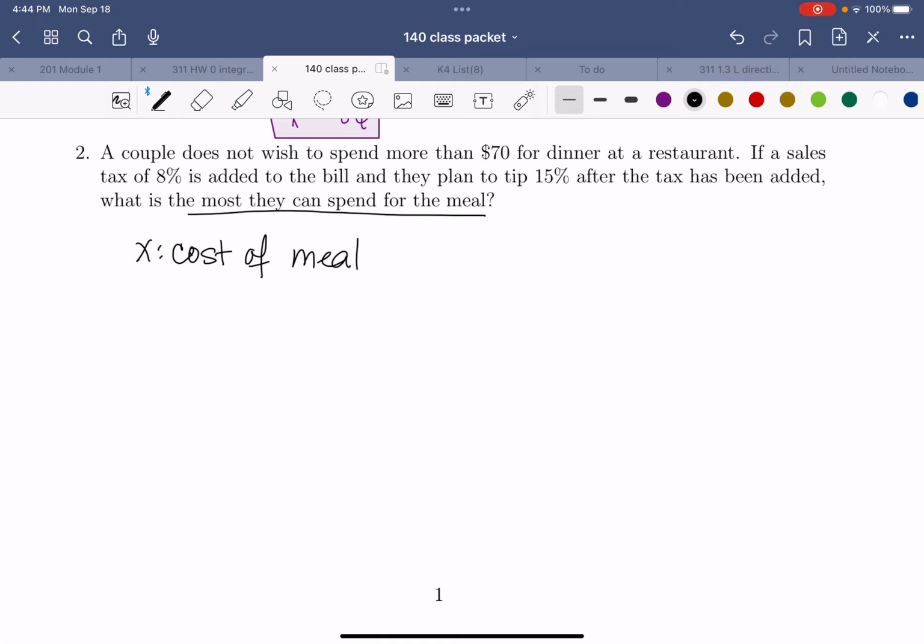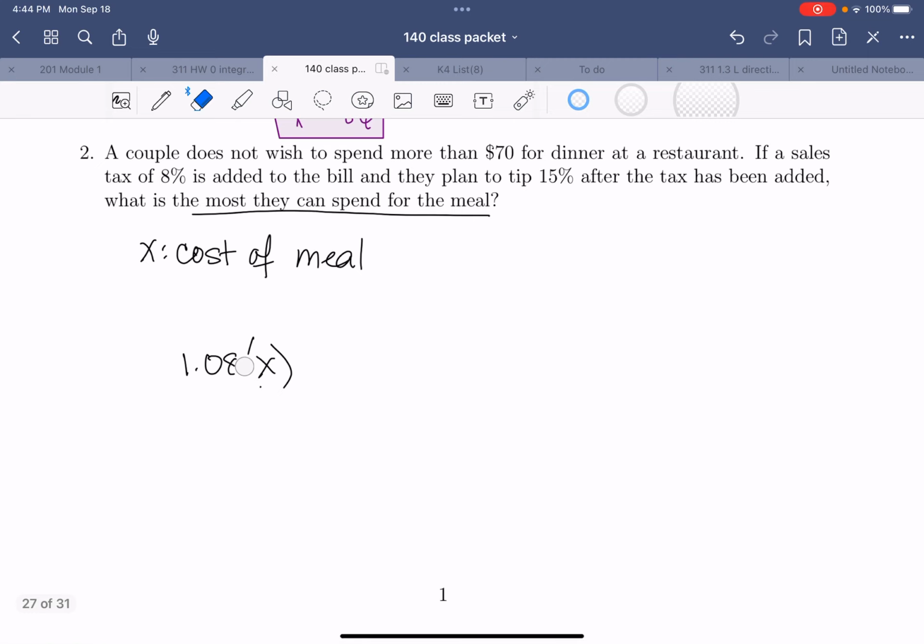And then we're going to take that X and we're going to add an 8% sales tax. And we do that by multiplying by 1.08, right? 0.08 is the 8% sales tax plus the original amount gives us 1.08, or 108% of the cost of the meal, so times X. Okay, and actually we don't need these parentheses, so let's take those out for a second.